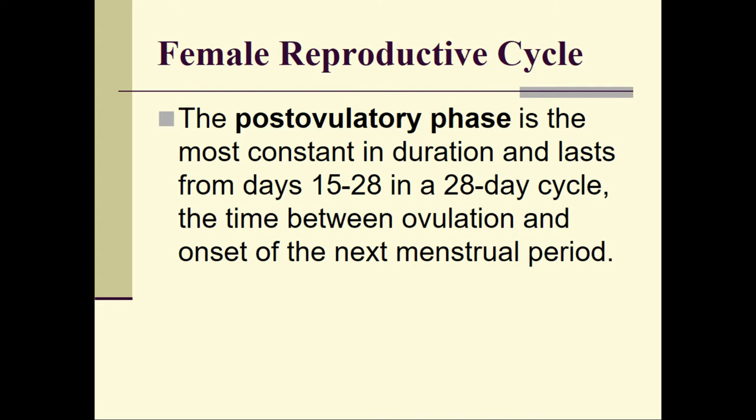At the end of the last video, we talked about how the post-ovulatory phase is the most constant in duration and lasts from days 15 through 28 in a 28-day cycle, the time between ovulation and the onset of the next menstrual period.